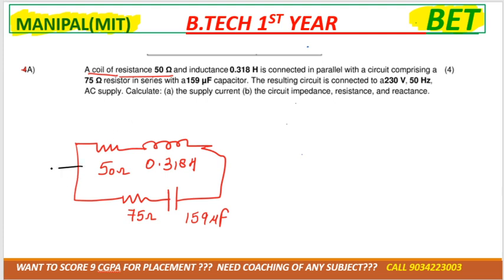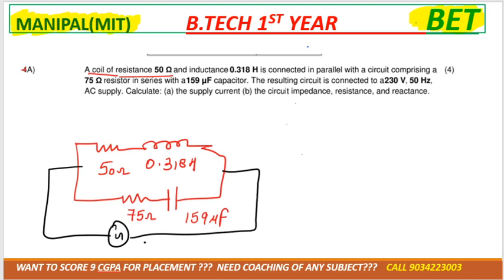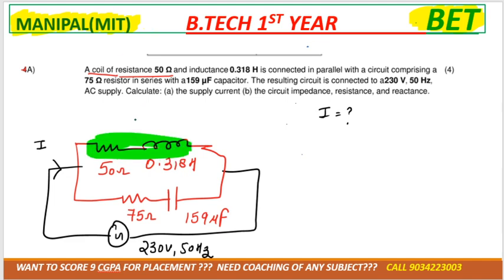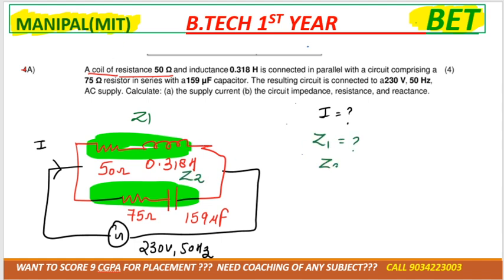Then they said the resulting circuit is connected to a voltage of 230 volt, 50 hertz AC supply. Calculate the supply current I, and we need to calculate the circuit impedance. Let us consider this one would be Z1 and this one would be Z2. So basically we need to calculate Z1 and Z2.